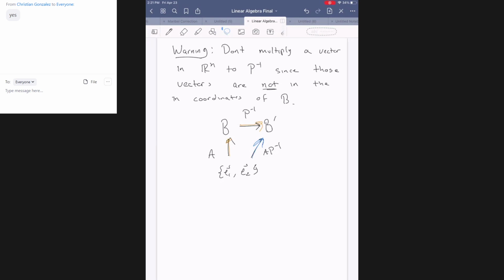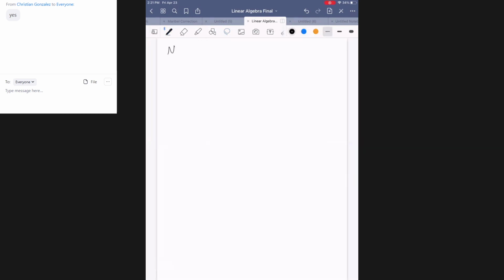All right. So now let us do the representation of coordinates in a vector space other than Rn. So now we do coordinates in general vector spaces.